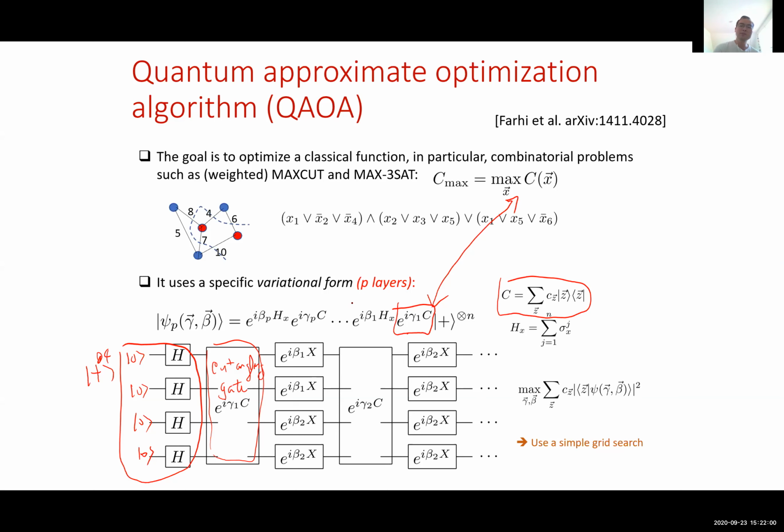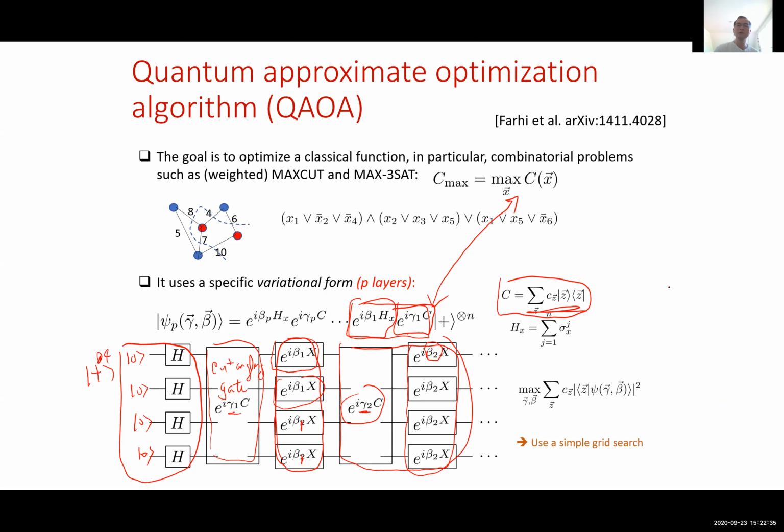Then in the next block I do a rotation, in the X basis. I think this should be beta 1. All of these are rotated with the same angle. That's one layer. You can repeat this structure for another layer, applying another rotation with a different variable and a single-qubit rotation with a different angle, beta 2.